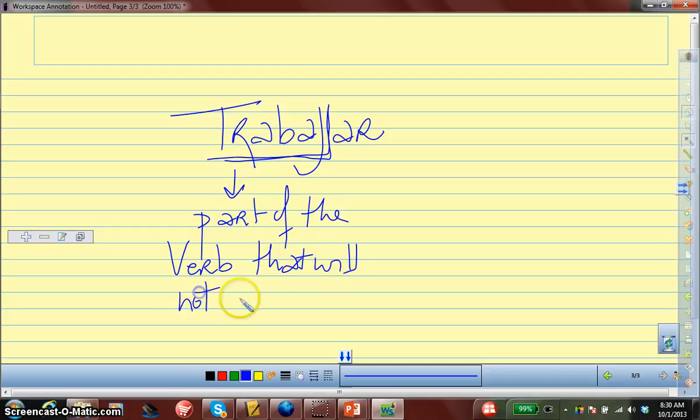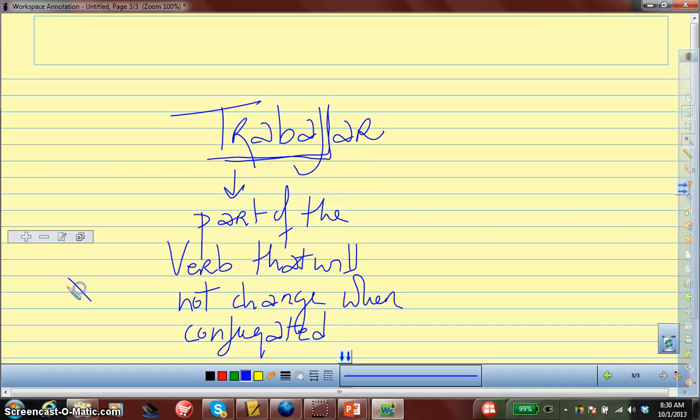Okay? That will not change when conjugated. Make sure you write that. They also call them the stem. Root. Root or stem.